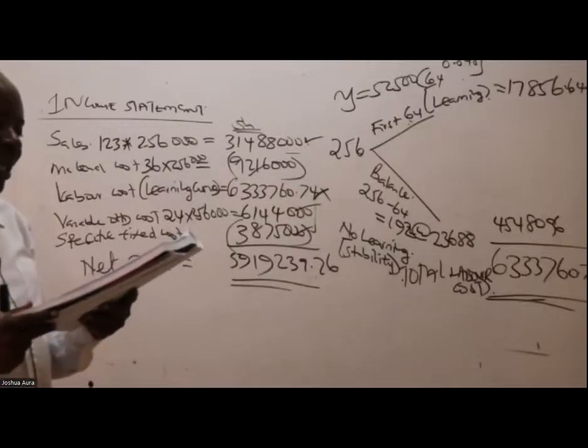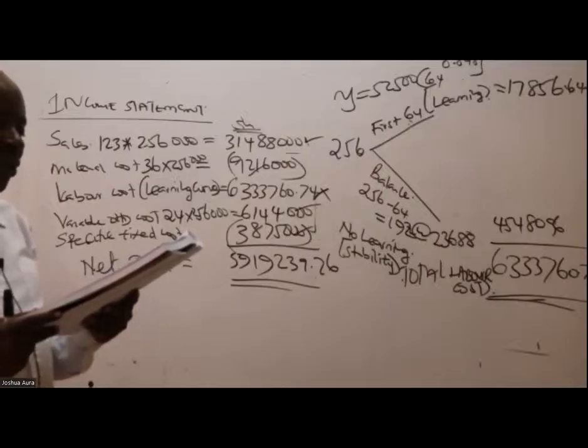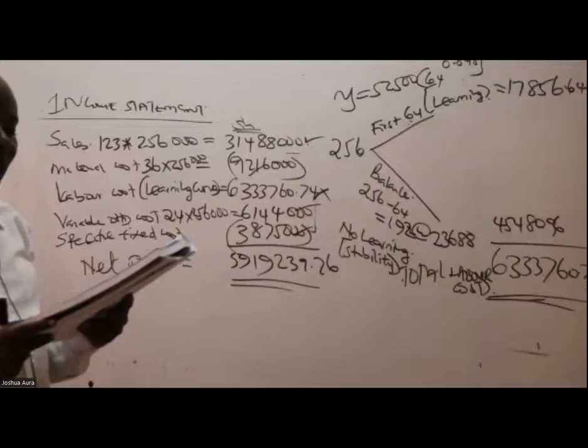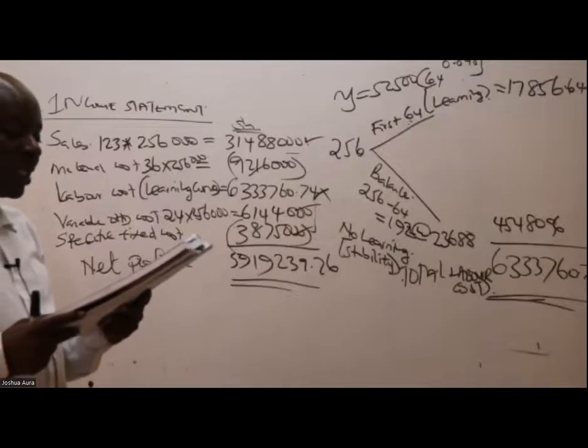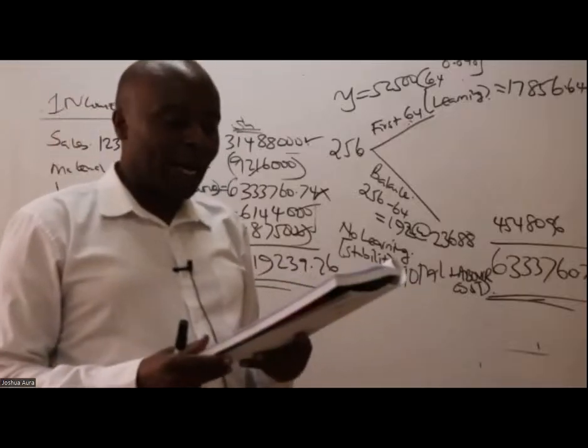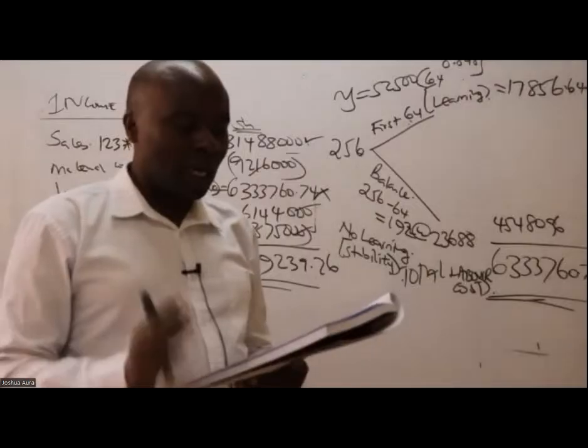It has now been established that the learning effect will continue for all the 256 batches that will be produced. Required: the learning curve required to achieve a lifetime product profit of shillings 10 million, assuming that a constant learning rate applies throughout the product's life.